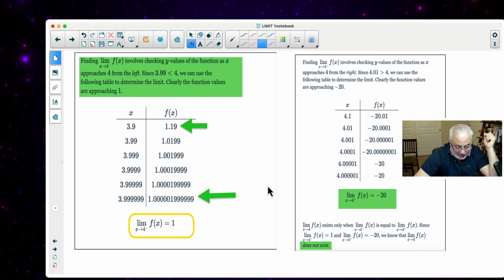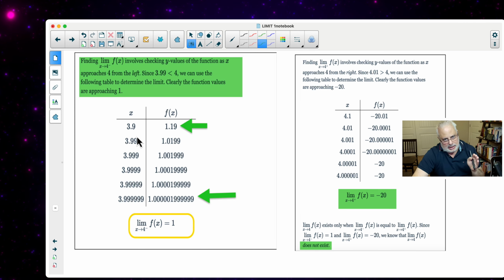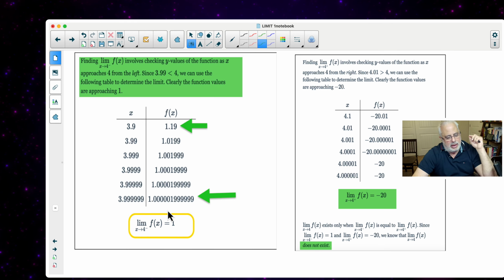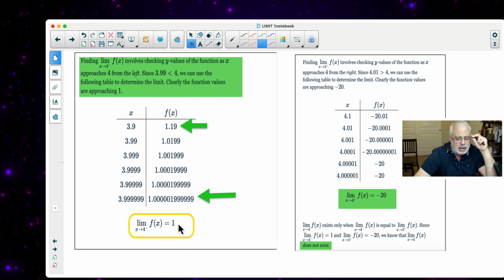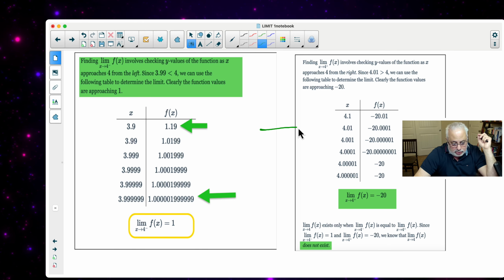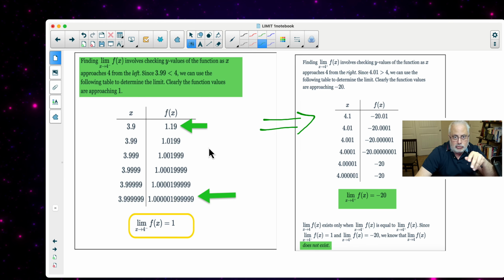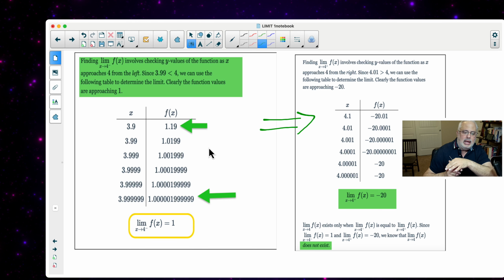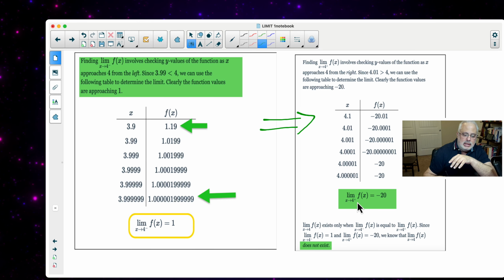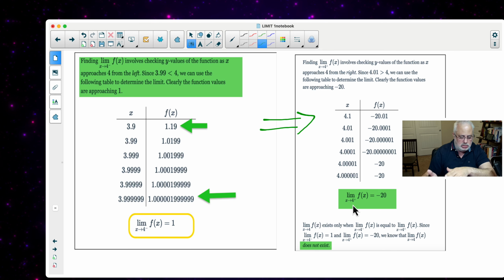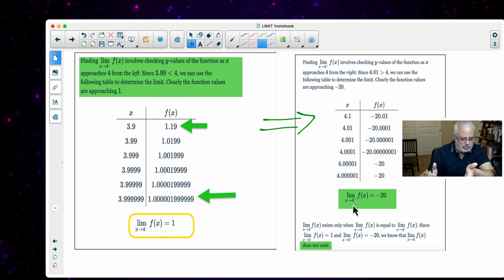This is from the left: 3.9, 3.99, 3.999, and the function is approaching 1. But look at the second scenario right here. We are approaching 4 from the right, and you can see the positive on top of the 4. So try to keep up with the notation and the idea.